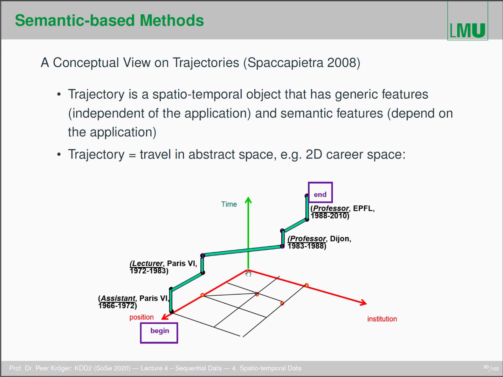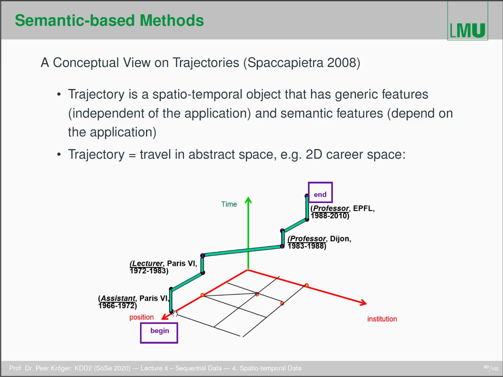So one axis is, of course, again the time, and the other axis now is the position a person had at a given time interval, and at which institution.